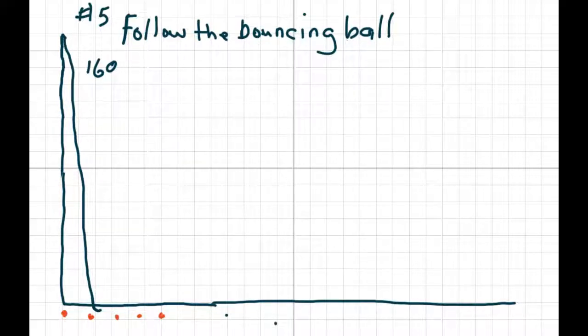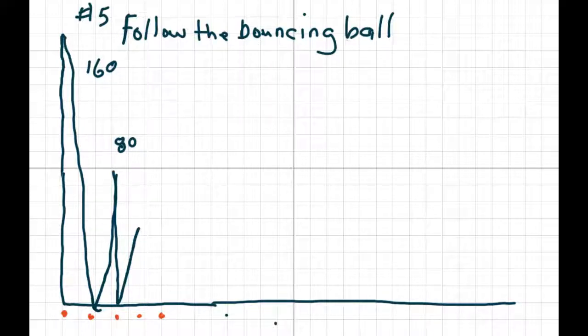That's one whole drop. Bounces up half of that to 80. Back down it bounces, and back up half the distance to 40. And lastly, bounces back up half the distance to 20. And lastly, unaccounted for, the 5th drop to 10.